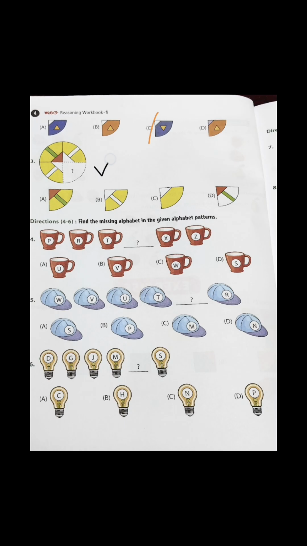Now let's go to question number 3 and see what is applied over this question. So here you can see these things. The first line is white colored.